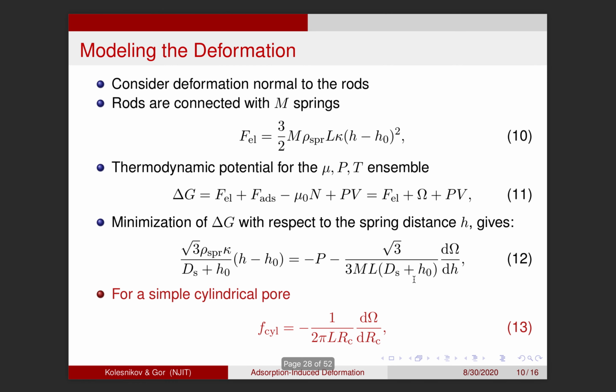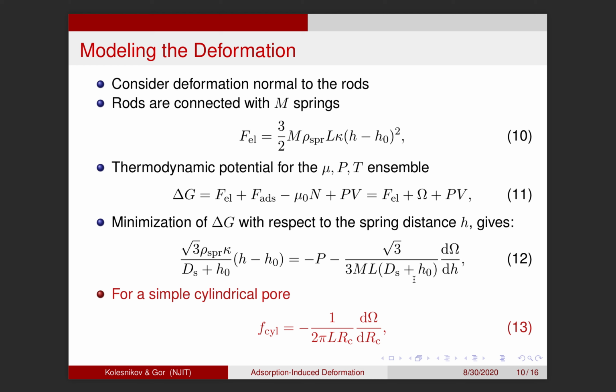And I want just to show for comparison the expression for the solvation pressure for the simple cylindrical pore system, which has been frequently considered by myself and by other researchers.